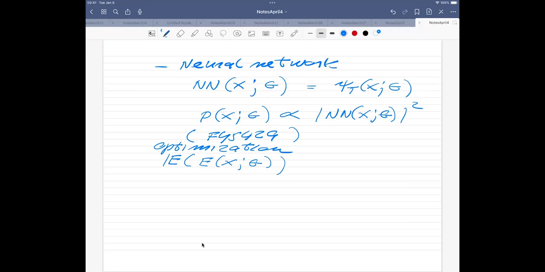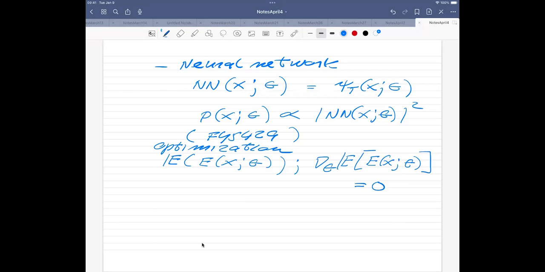And then we will also need the gradient with respect to the parameters theta of this expectation value. And this is exactly what you did in project number 1. So the algorithms you put up for the derivative of the energy are going to be the same. So you need to evaluate these integrals with a Monte Carlo approach.